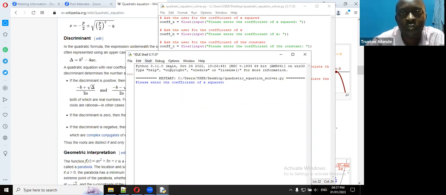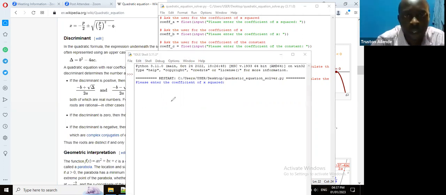Now, if we annotate here, x plus 5, x plus 2 is what a quadratic equation is.